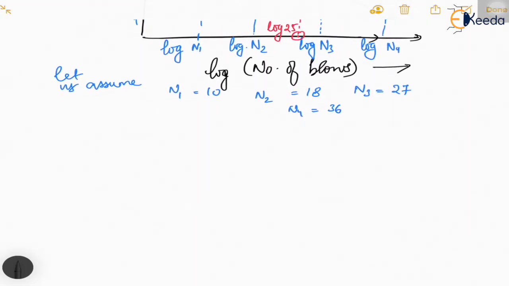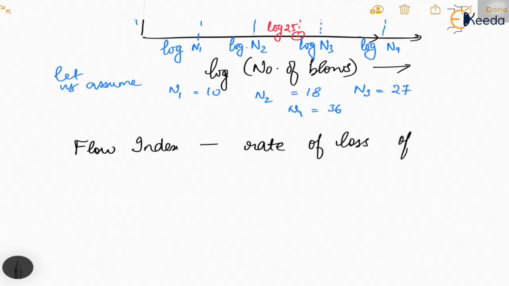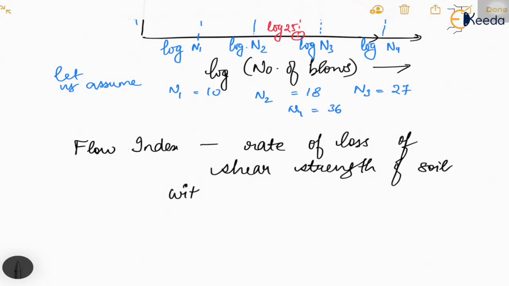Now what does this flow index do? It represents the rate of loss of shear strength of soil with increase in water content.